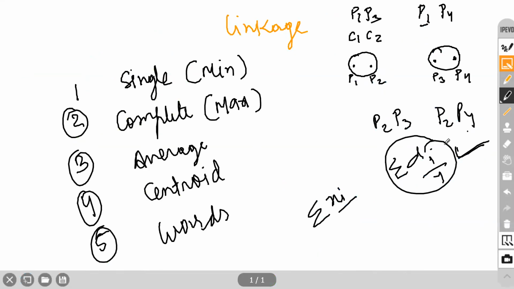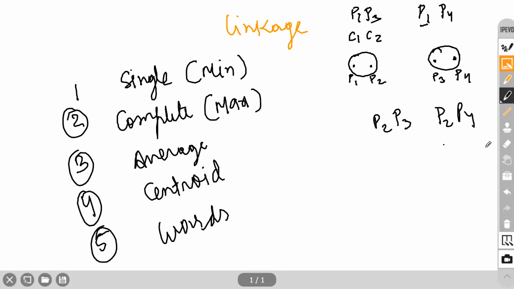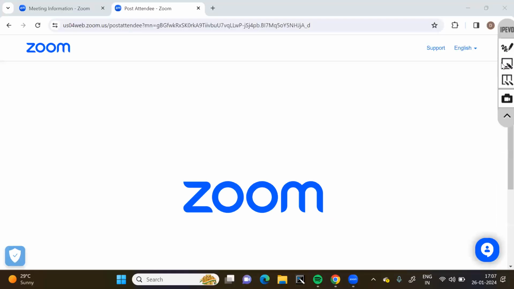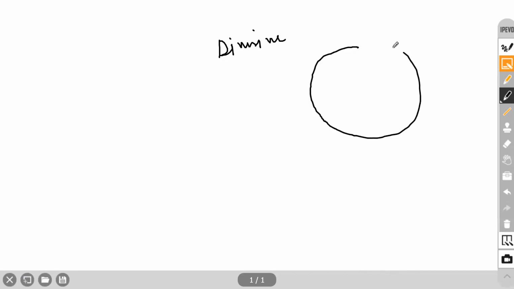The divisive part is not used, so we will take it only at a very high level. In agglomerative we consider all points as separate clusters, but in divisive clustering we consider all points as a single large cluster.